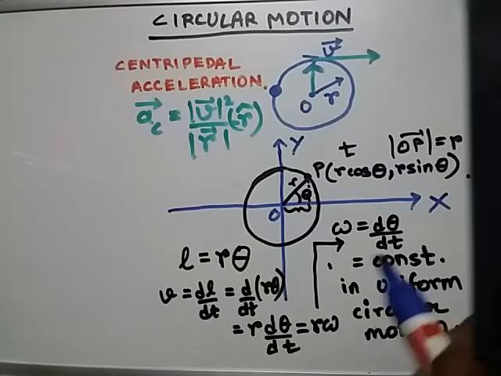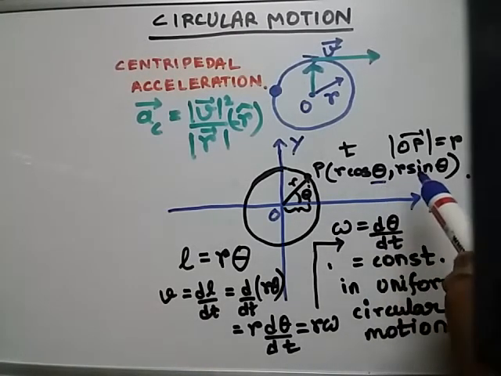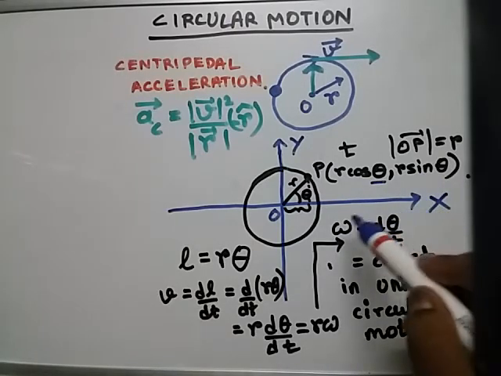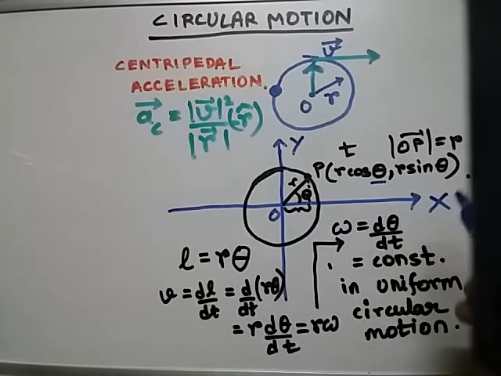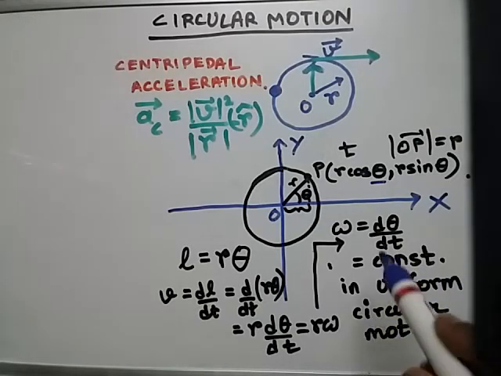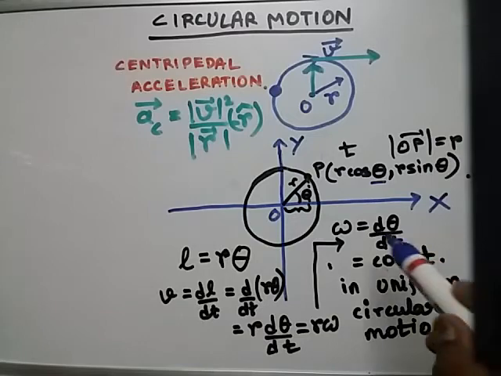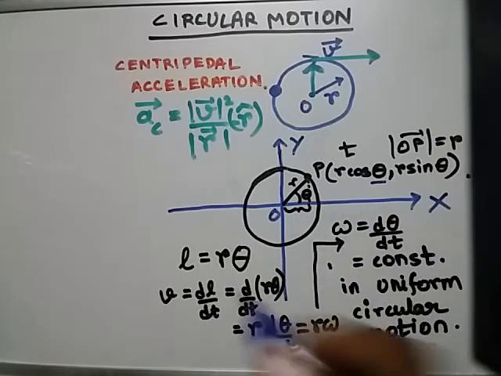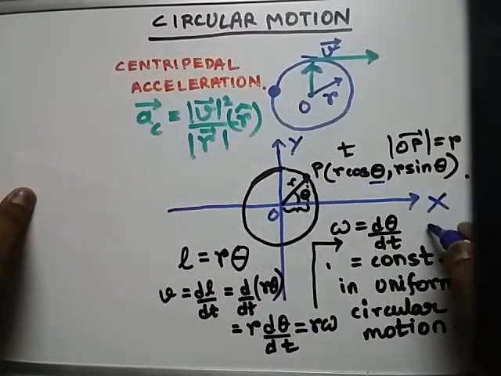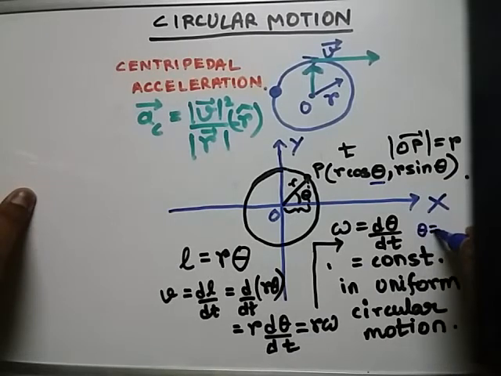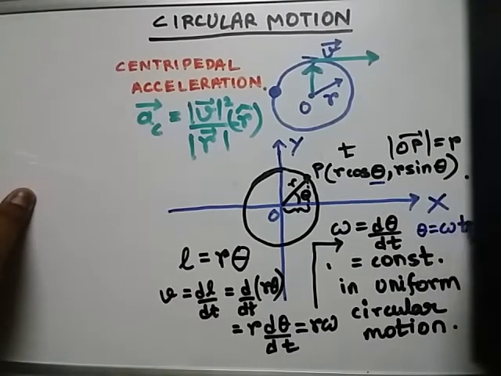Now what is this theta? This theta is omega times t, because omega is constant in a uniform circular motion, so theta equals d theta by dt times t. Since this omega is constant, theta equals omega t.